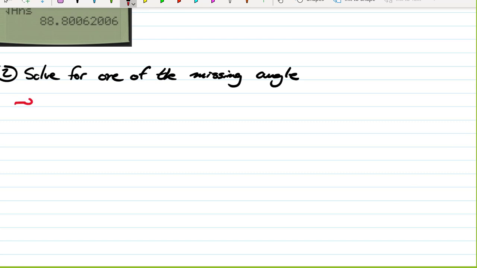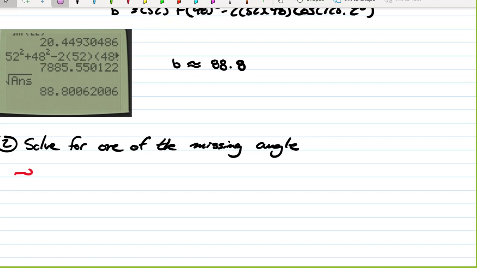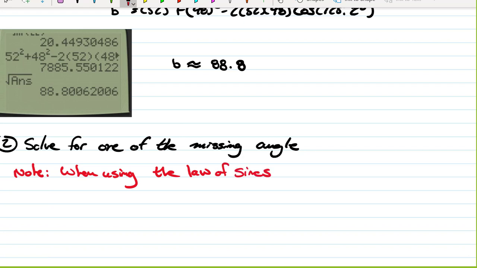So, note, when using the law of sines, avoid the SSA case.